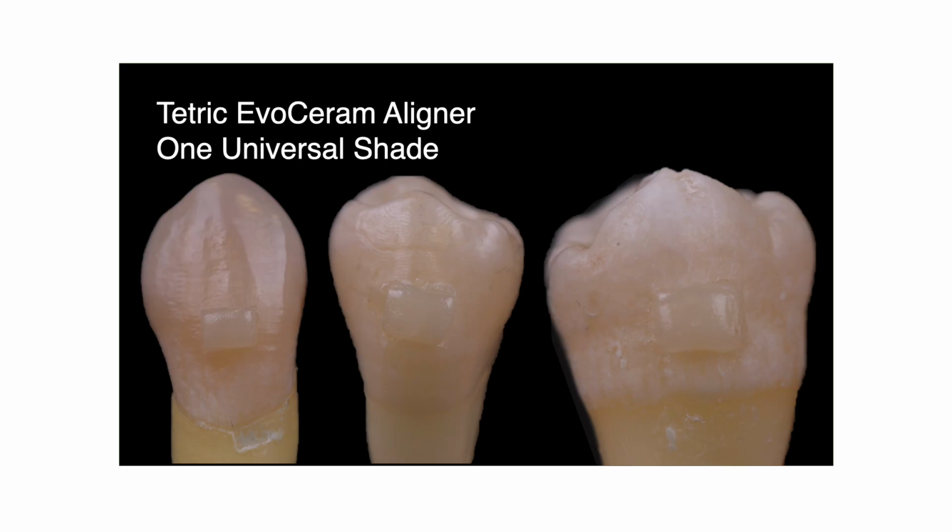Why are we utilizing Tetric EvoCeram Aligner? It's really because it is clear, it's translucent. It mimics natural tooth structure. And one of the things that you will find as you do more and more cases is that these attachments will be placed across the patient's front teeth. There are some patients that are really scared of that. There are patients that my team forgot to tell that we were placing attachments across their front teeth, and they freaked out.